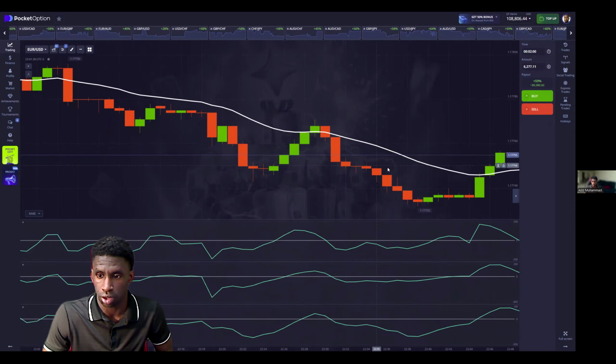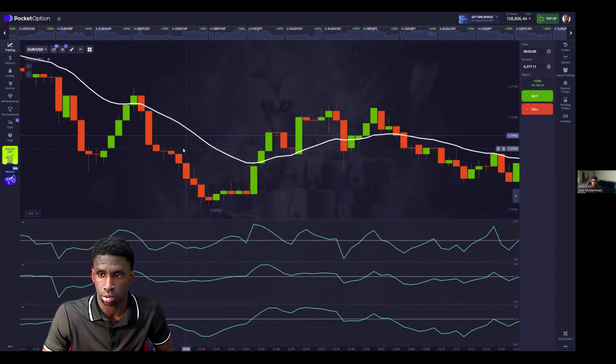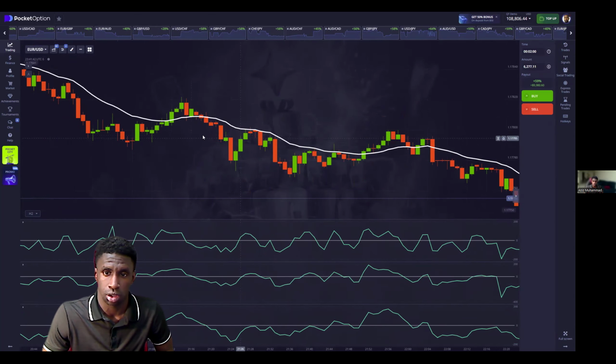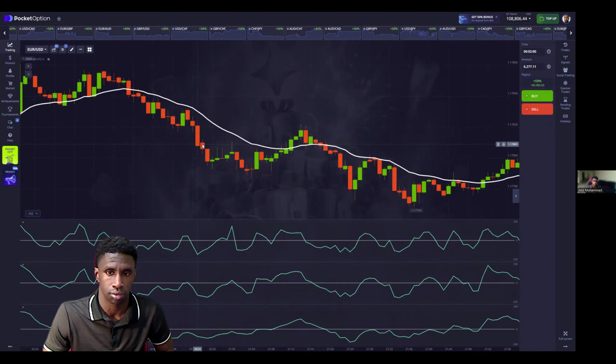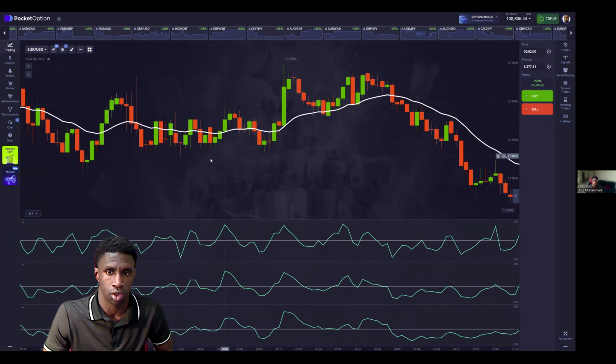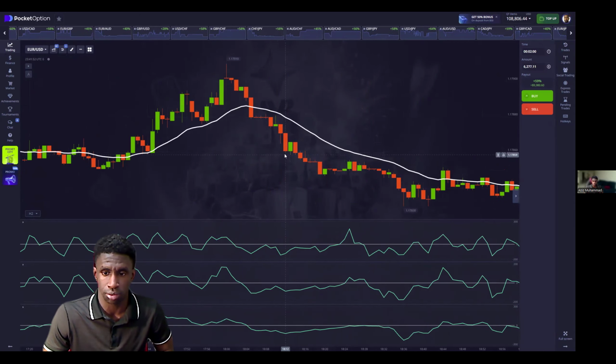You could have took a move here. Let's see if we find another retracement. 21. They said 21 or 14.